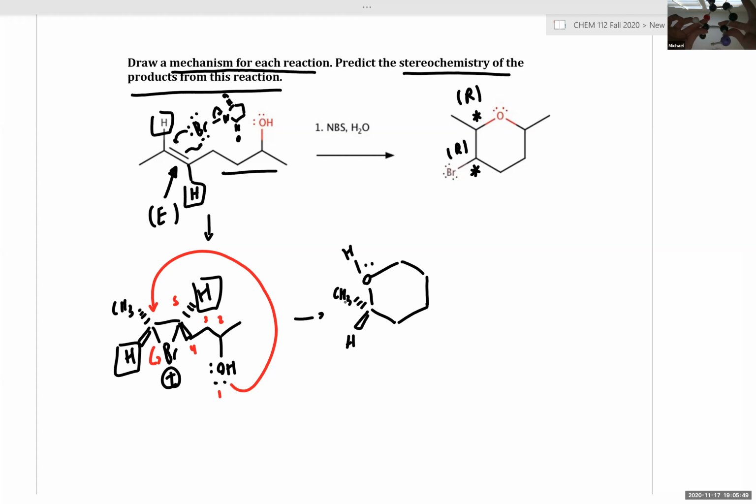Now, looking at the carbon containing our bromine, what group do we have in front, and what's in the back? Front is carbon, back is hydrogen. Good, that's great to see.